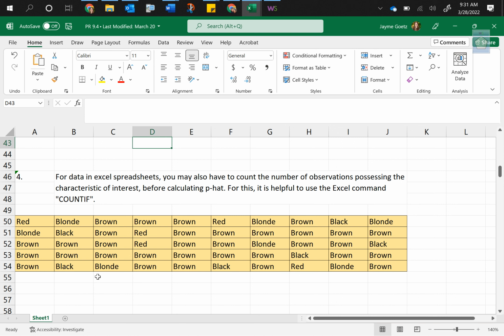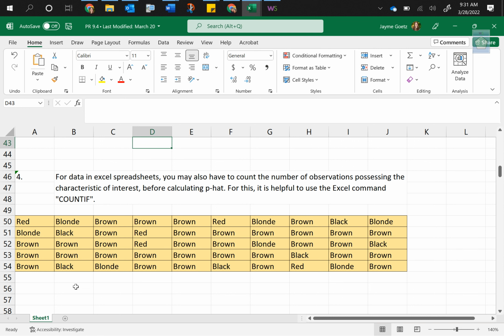It'll be like give you a table of values like so, and it'll be like find the proportion of this, and you would have to count it. It is not time efficient, nor is it the best possible way if you go through and literally count by hand. So that's why we're going to learn now this Excel command called COUNTIF. And what that's going to do is that's going to count something for you.